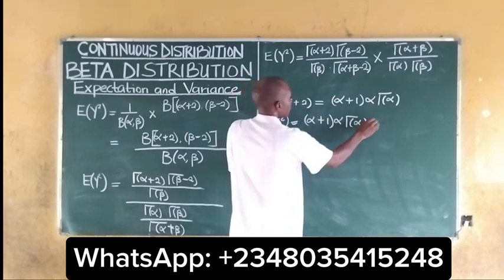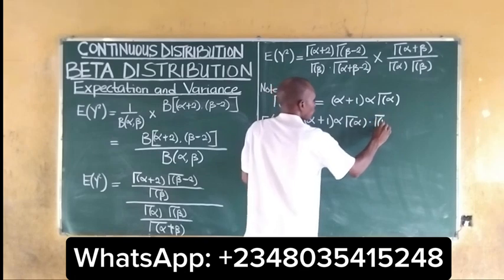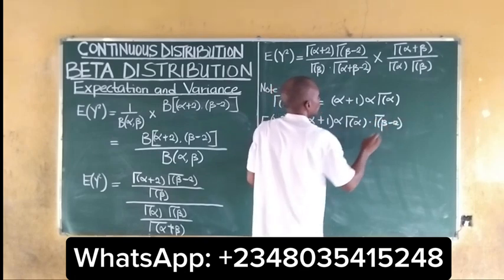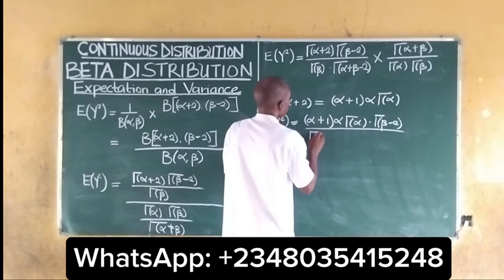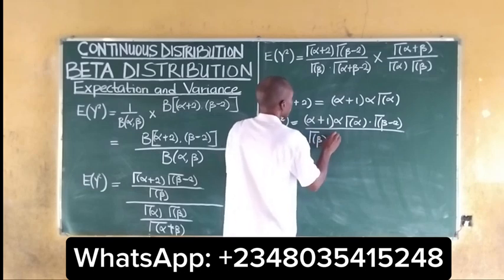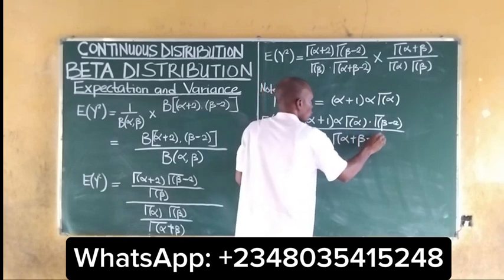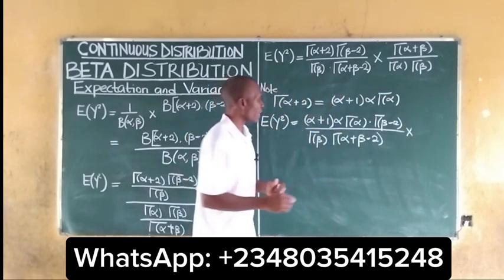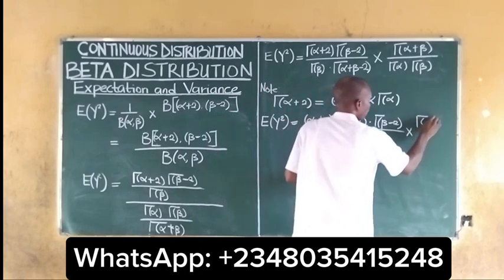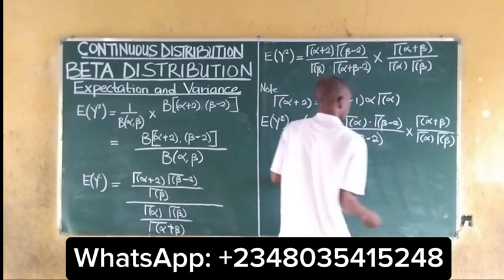gamma alpha multiplied by our gamma function beta minus 2 all over gamma beta multiplied by our degree of freedom adjustment, which is always added for the beta distribution of second kind. Then we have gamma alpha plus beta all over gamma alpha, gamma beta.